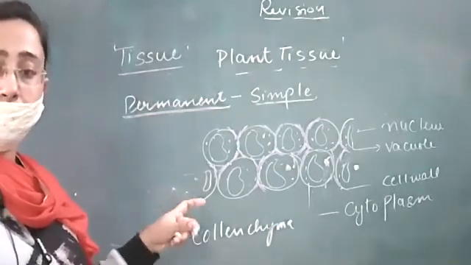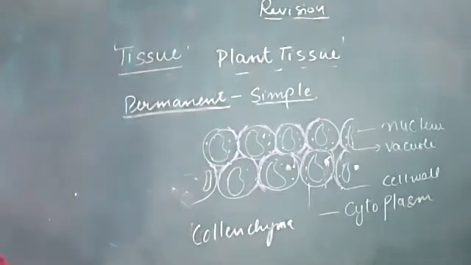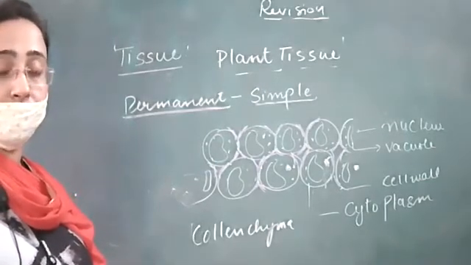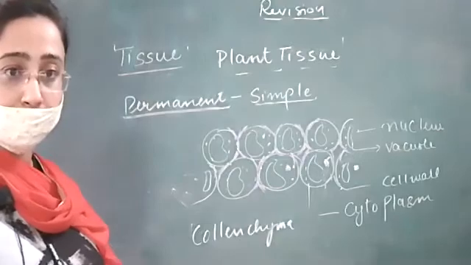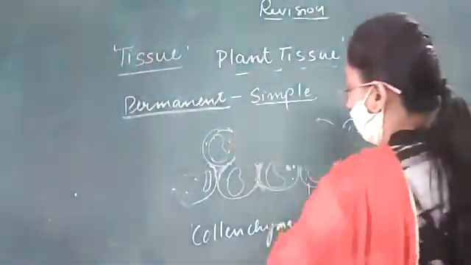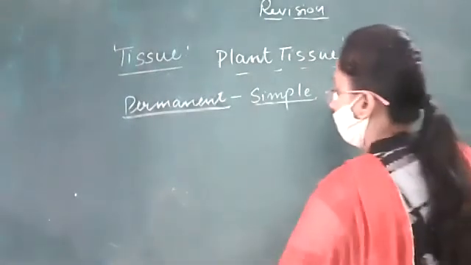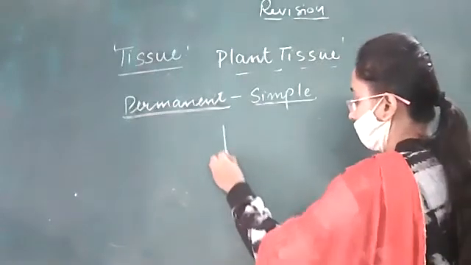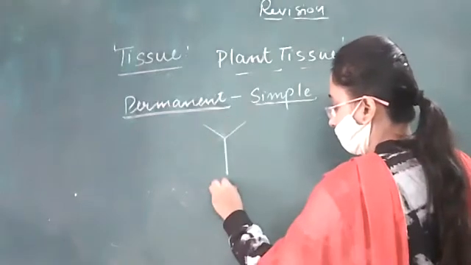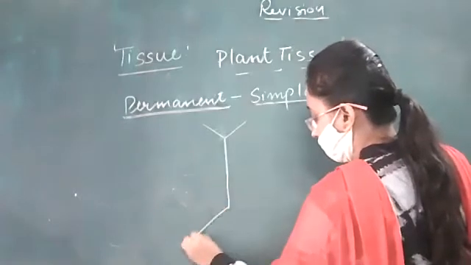So next simple permanent tissue is sclerenchyma. Where is the sclerenchyma present? In the veins of the leaves, in the husk of the coconut, you know. So in the covering of seeds, in the covering of the nuts. So this is the wall, the cell wall. Let me make it larger.